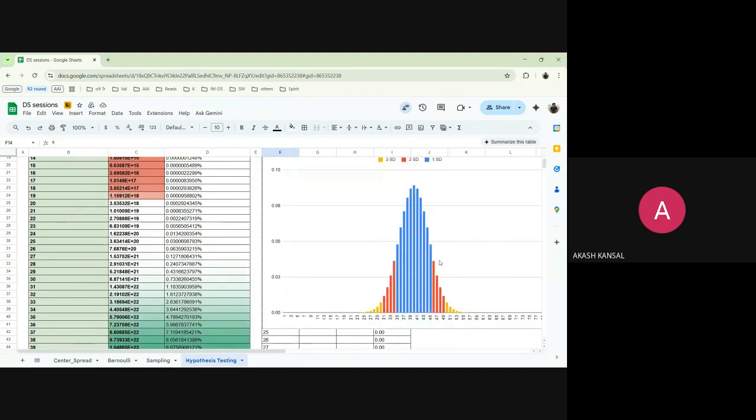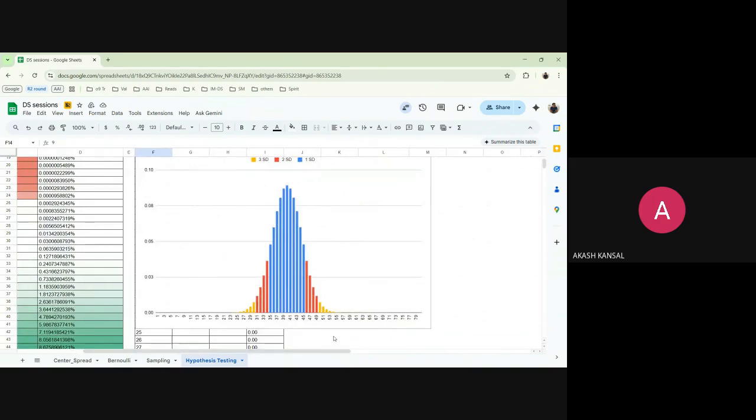If we plot the same, on x-axis we have the x's or the number of African Americans, on y-axis we have the probability. So definitely we are going to have the maximum probability for n equal to 40, right? The blue bars that you see are within one standard deviation. Blue plus red is within two standard deviations.